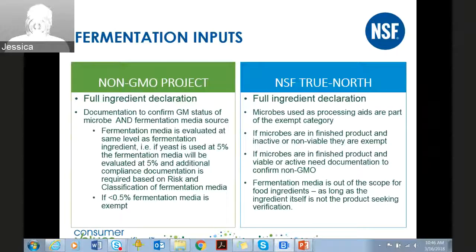For True North, fermentation inputs, the fermentation media is exempt from review for additives and food ingredients. It is not exempt from review for fermented foods, as if the vinegar itself was seeking verification, not if the vinegar was an ingredient. So that's the big takeaway.